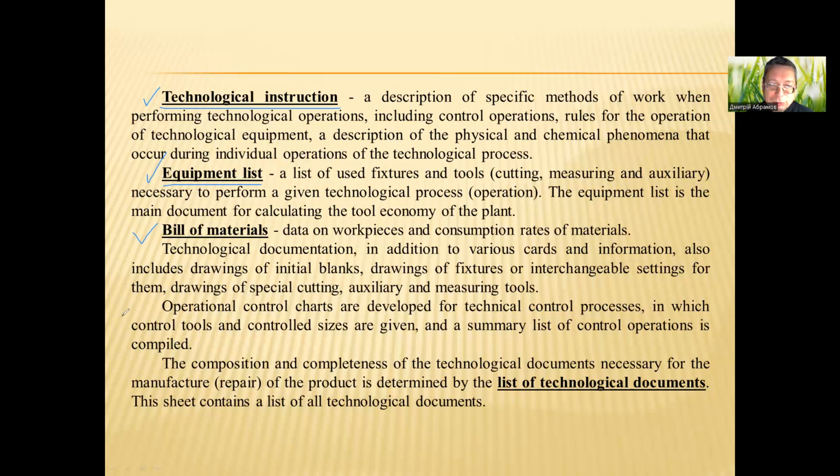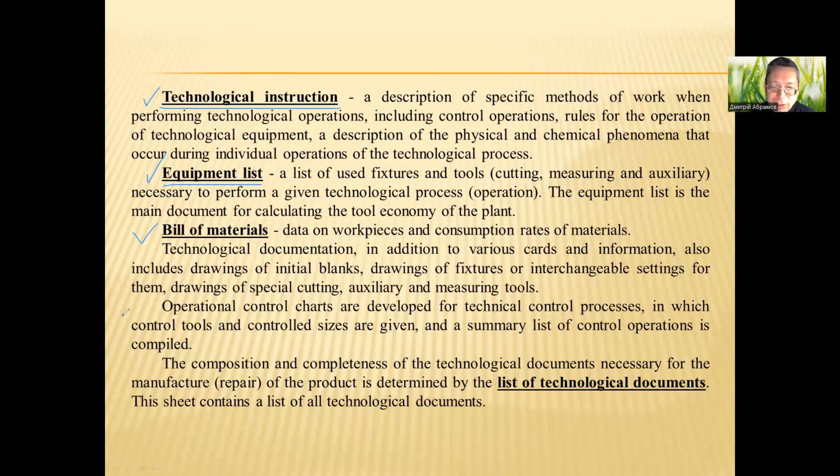Operational control charts are developed for technical control processes in which control tools and controlled sizes are given and a summary list of control operations is compiled.